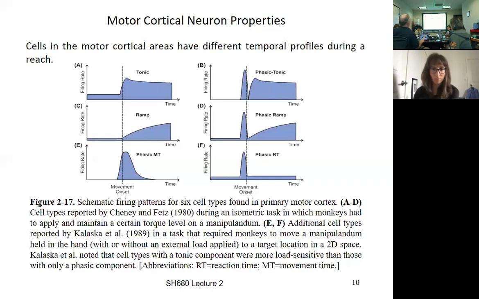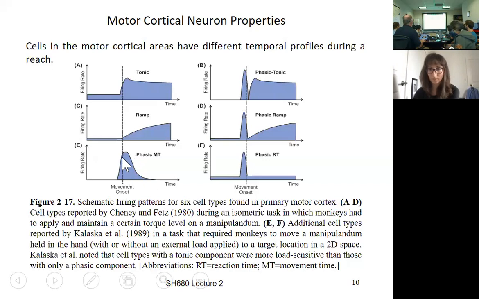So before we go into the classes, think about what you need to do to move your arm from point A to point B. Your muscles are all still. You need to start moving them, and that means you need to give a burst of activity to start, and then you need to control the velocity of the muscle, meaning how fast it contracts, and that velocity profile ends up looking a lot like this.